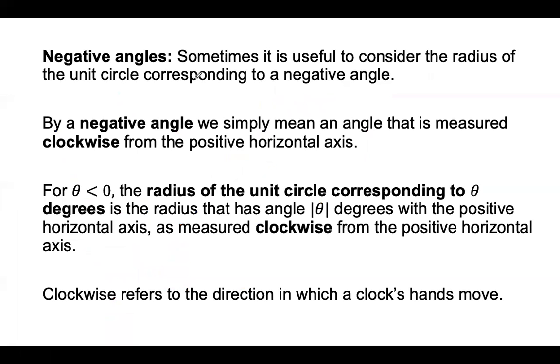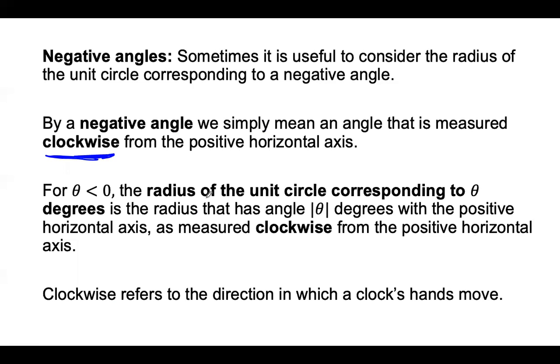Now, there are also negative angles, which are sometimes useful to consider: the radius of the unit circle corresponding to this negative angle. By a negative angle, we simply mean the angle that is measured clockwise, instead of counterclockwise, from the positive horizontal axis. So we have an angle, let's say it's less than 0.